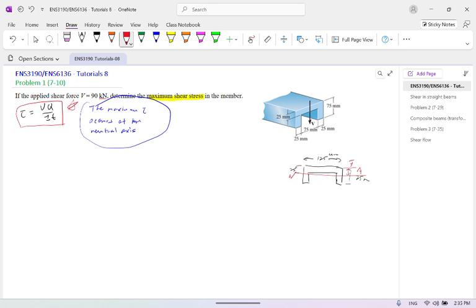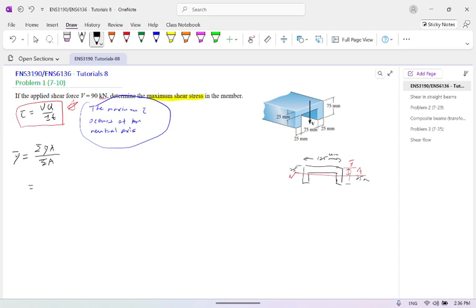Of course, there are many ways to do the workout. So Y bar is equal to the summation of Y bar A over the summation of A. We did it so many times.